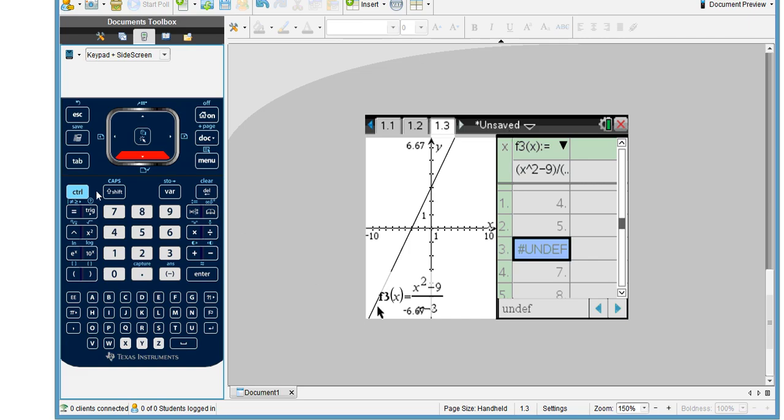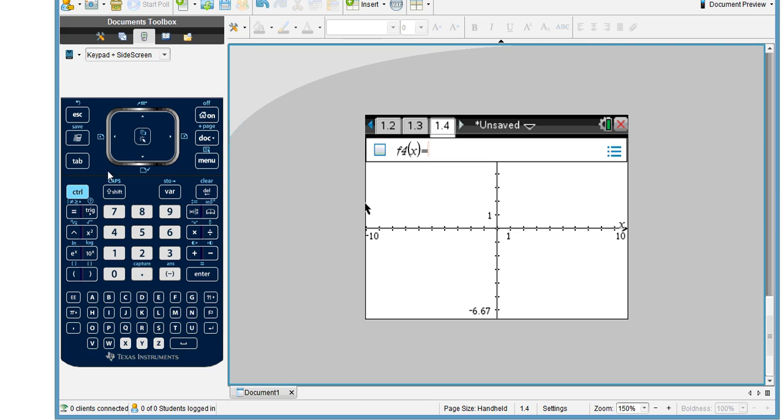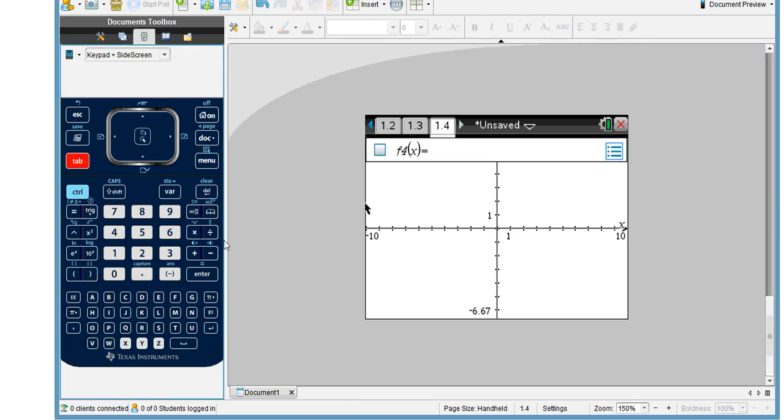Like if you take this, Control I, add graph. So we put in, what is that? Let me try it again. Control. Okay, we have, I think it's 3x.